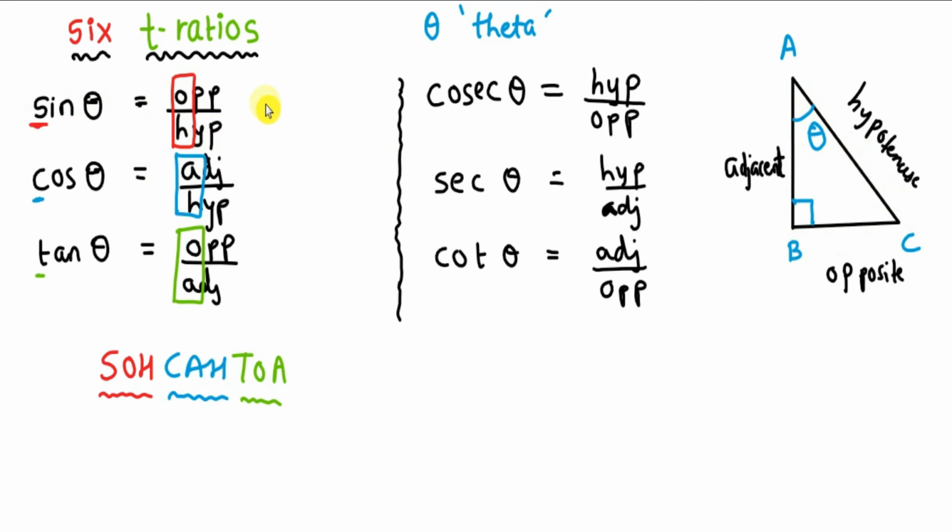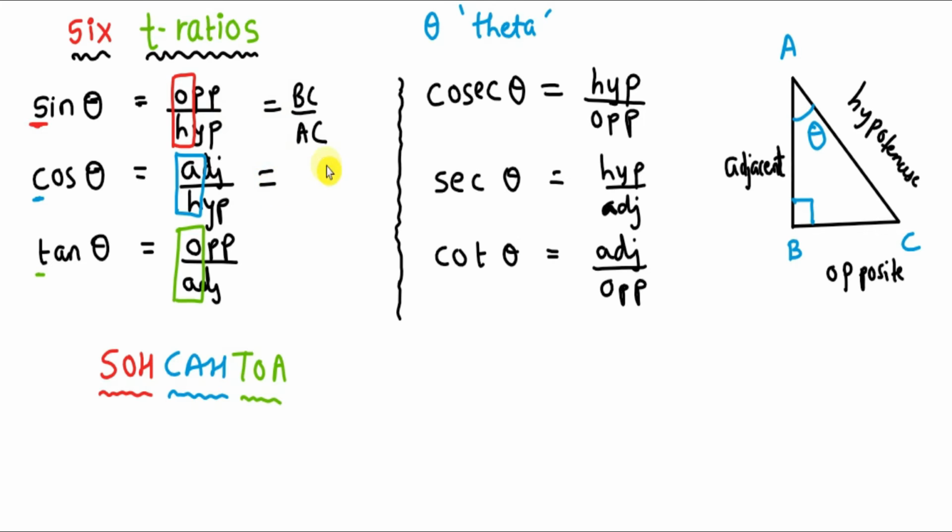So sine theta here will be BC upon AC. Similarly, cos theta is adjacent side upon hypotenuse side of angle theta. So with respect to reference angle theta, adjacent side is AB and hypotenuse is AC. So it will be AB upon AC. And in the similar manner, we can apply it for all other ratios.